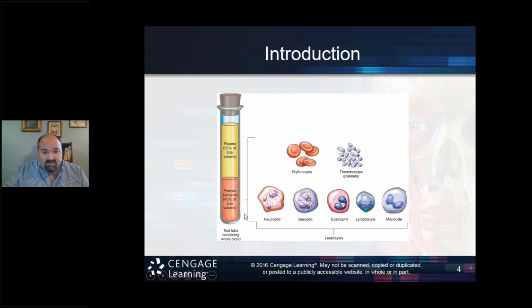The formed elements contained are the red blood cells, the platelets, and the different white blood cells: the neutrophils, basophils, eosinophils, lymphocytes, and monocytes. Know that the monocytes are going to become something over a period of time. They're going to become macrophages that are really the cleanup crew for the human body.